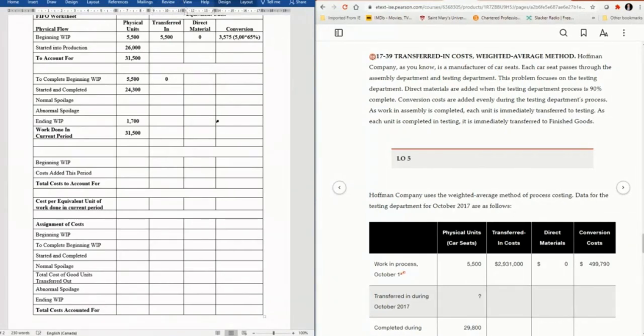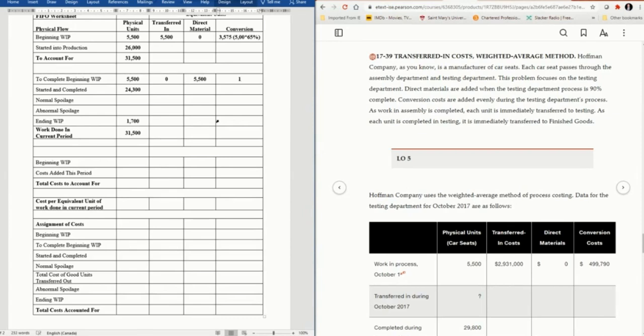But I did have to add all 5,500 leather cushions because I didn't have any to begin with. And I'm going to have to add the other 35% in terms of the effort. And the other 35%, I think, is the equivalent of 1,925.